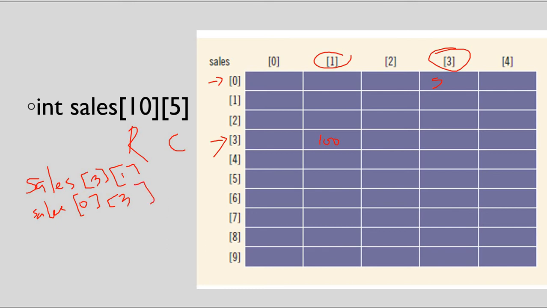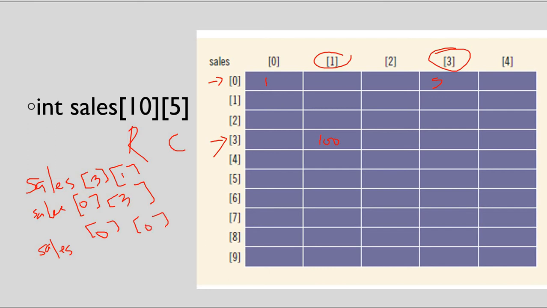Another example, naglagay ako dito ng 1. In order to access the value of 1, that is sales 0, and then the column is also 0. So that is how to access.